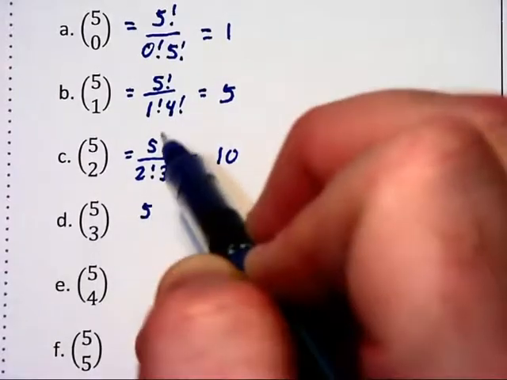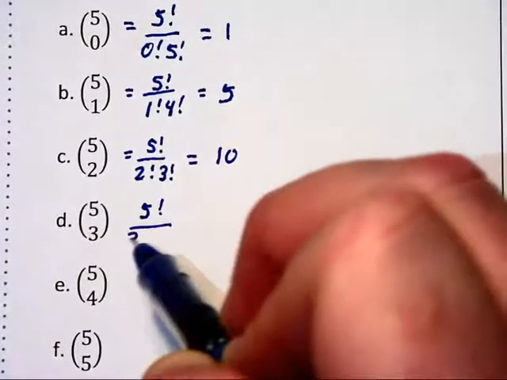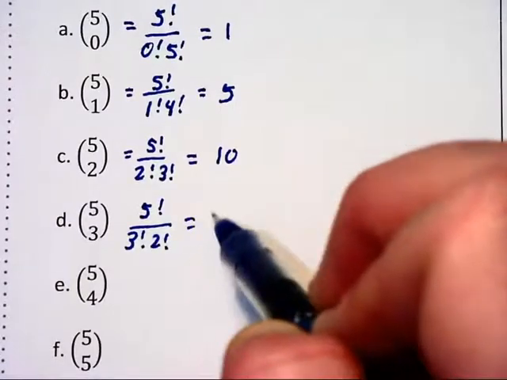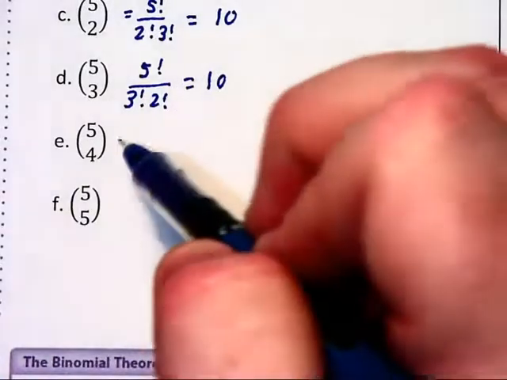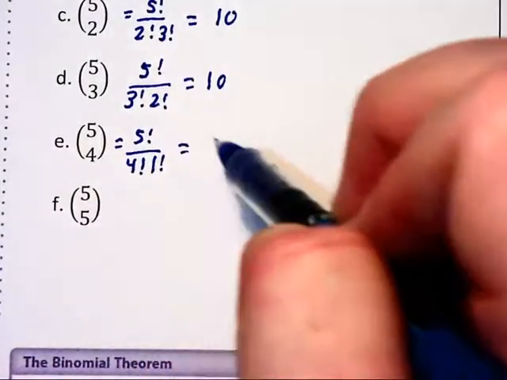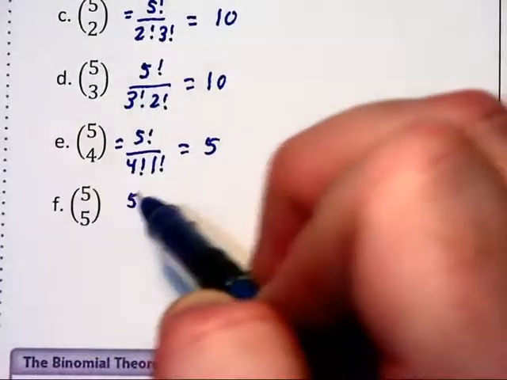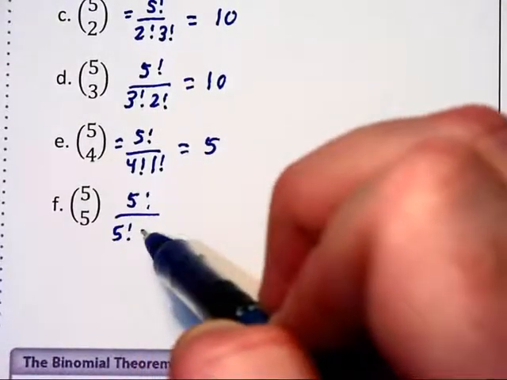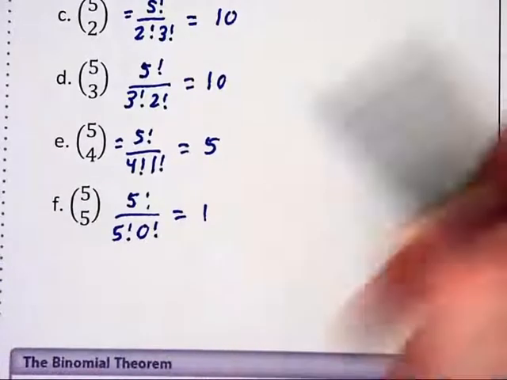And then 5 factorial divided by 3 factorial 2 factorial, which is also 10. Followed by two more numbers, 5 factorial over 4 factorial 1 factorial, which is 5. And then 5 factorial over 5 factorial times 0 factorial, which is 1.